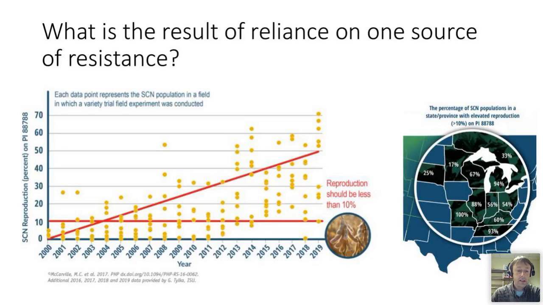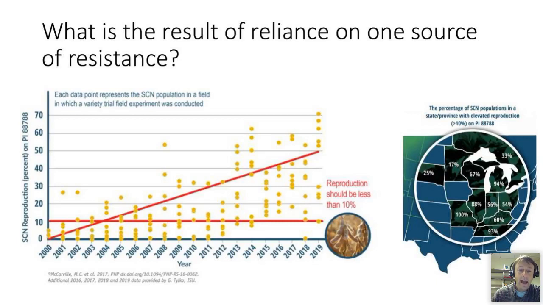So this is just another set of data that was plotted over time from 2000 to 2019. Again, this data are from my colleague at Iowa State, showing how different populations within Iowa have responded to PI 88788. So ideally, you would want these dots here to all be below this 10% threshold line.